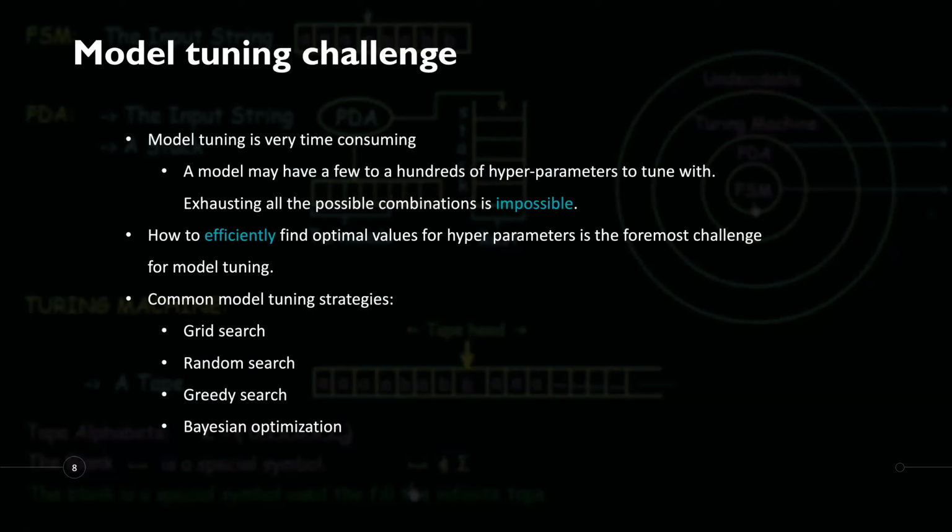To this end, smart people have come up with some strategies. The most common way of finding optimal parameter values is called grid search.